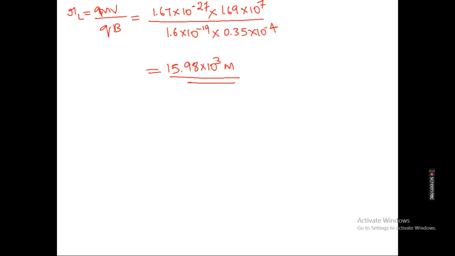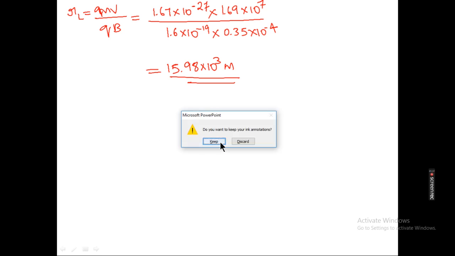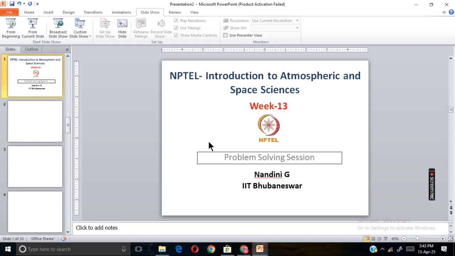RL is mass into velocity by Q into B, 1.6 into 10 raised to minus 19 into 0.35 into 10 raised to minus 4. It is giving a value of around 15.98 into 10 raised to 4. Work out the problem once by yourself and make sure the answer is correct.